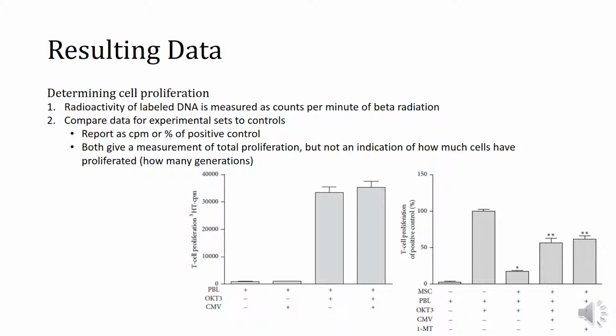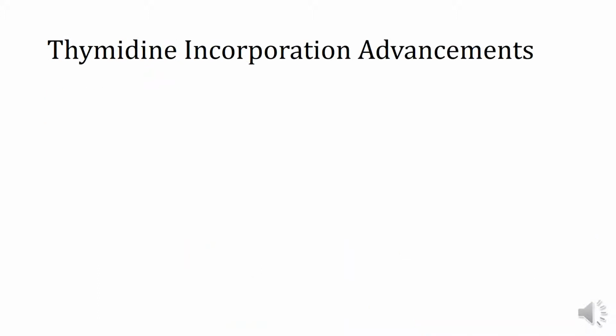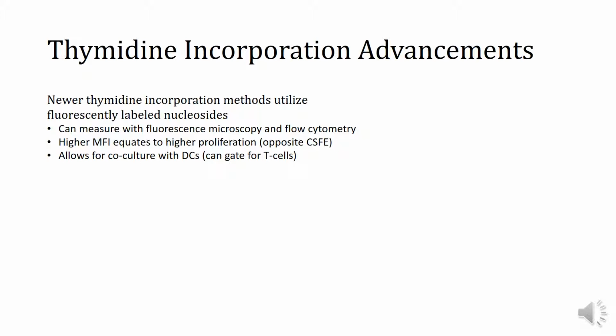Thymidine incorporation has advanced beyond the traditional radiolabeling to instead use fluorescent labels. These are not radioactive, and you don't need to extract DNA. And so there are some advantages over traditional thymidine incorporation. You can use flow cytometry or fluorescence microscopy, and it's similar to CFSE.